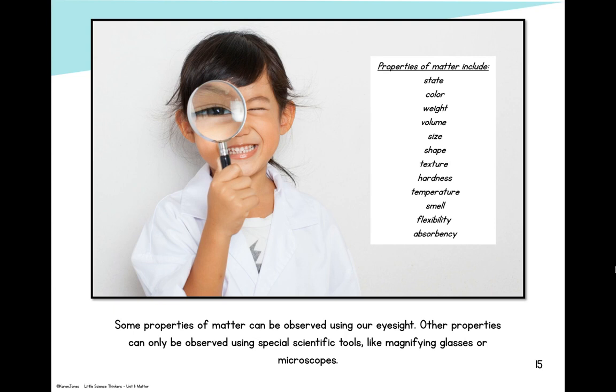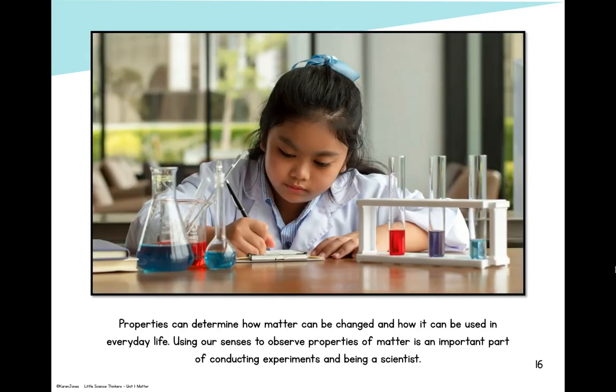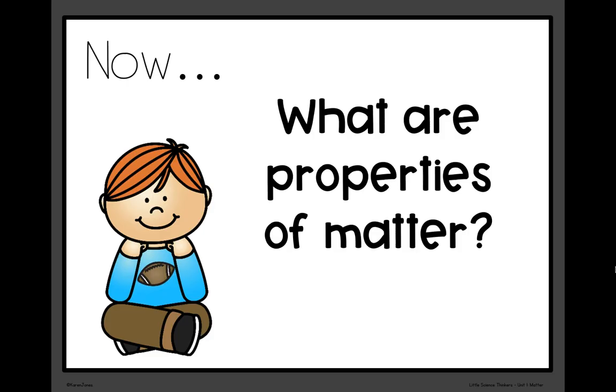The color, the weight, the volume, the size, the shape, the texture, the hardness, the temperature, the smell, the flexibility, the absorbency. Okay. Properties can determine how matter can be changed and how it can be used in everyday life. Using our senses to observe properties of matter is an important part of conducting experiments and being a scientist.